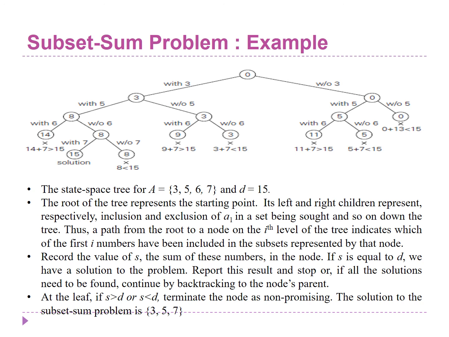If the node value is equal to d, then the solution to the problem is arrived. The tree is built until the last element of the set. So at the leaf, if the sum is greater than d or if the sum is less than d, the solution is ended as non-promising.